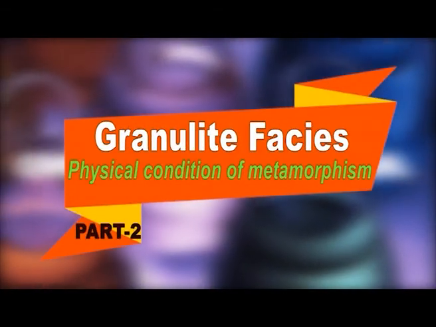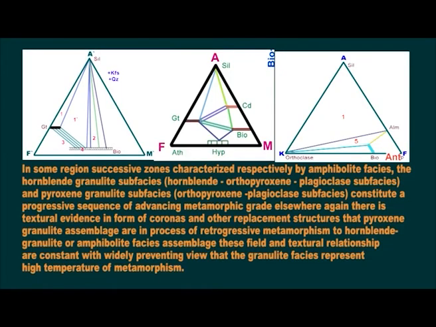In some regions, successive zones characterized respectively by amphibolite facies, the hornblende granulite subfacies, hornblende-orthopyroxene-plagioclase subfacies, and pyroxene granulite subfacies, orthopyroxene-plagioclase subfacies, constitute a progressive sequence of advancing metamorphic grade.